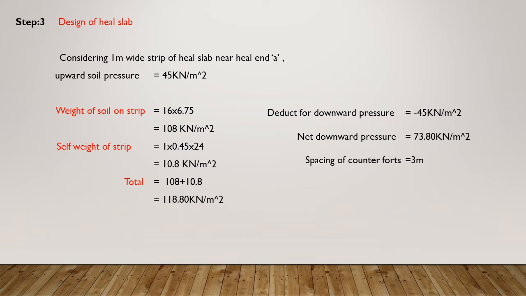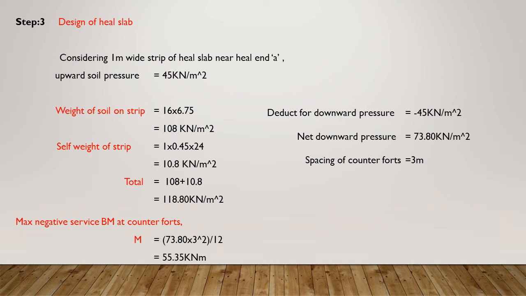So we know the downward resultant pressure is 45 and our total load is 118. So 118 minus 45 is equal to 73. The maximum negative bending moment at the counterfort is taken from the total load minus the net upward pressure. The spacing of counterforts is 3 meter.